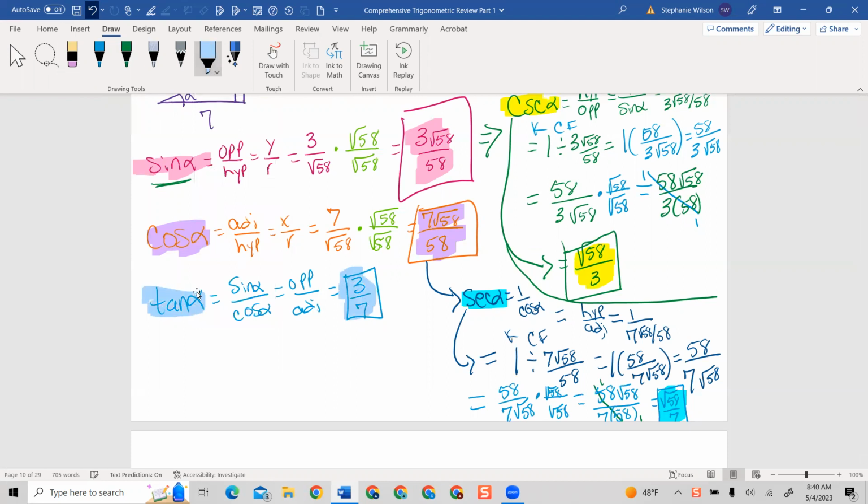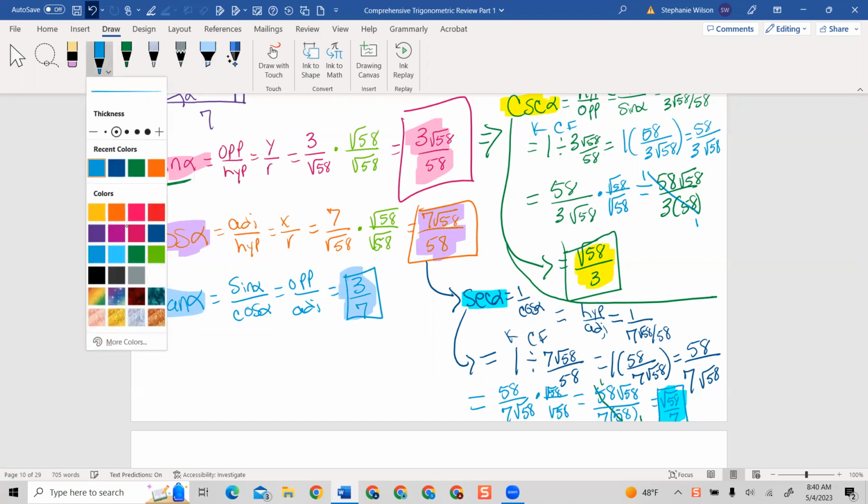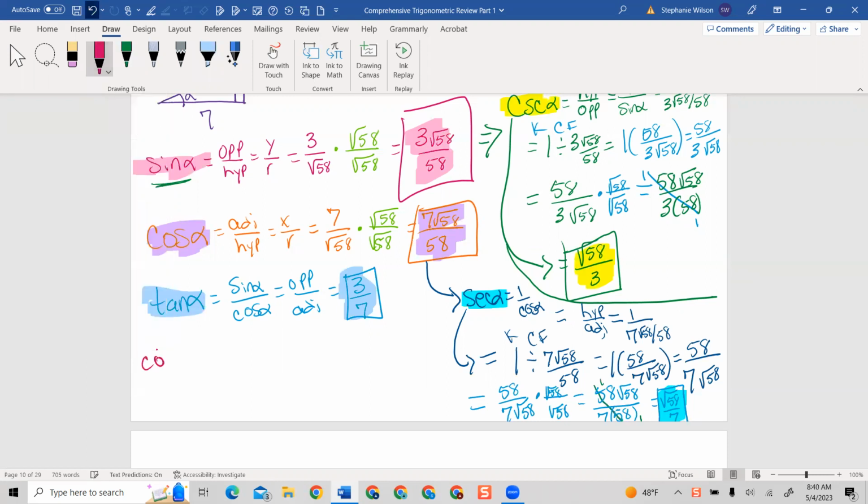We've got one more left. Let's find the cotangent. Cotangent is going to be the reciprocal of tangent, which means it's cosine over sine, which is adjacent over opposite, which is 1 over tangent. So let's plug in what we know. 1 over 3/7.